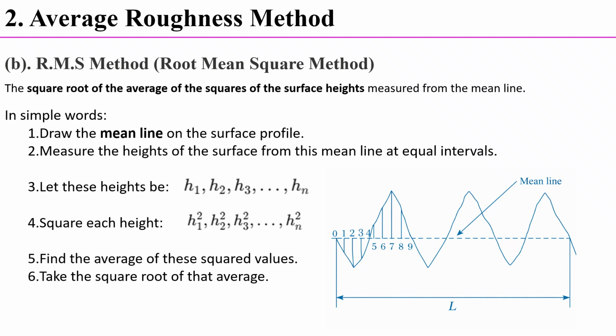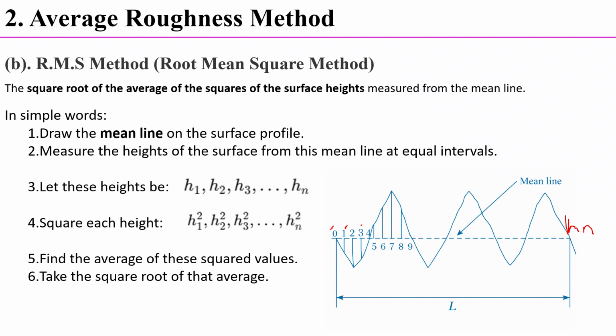Let's consider H1, H2, H3 up to Hn. So I have to measure the heights of the surface from this mean line. Next, we have to square each height, so it becomes H1 square, H2 square, H3 square up to Hn square.